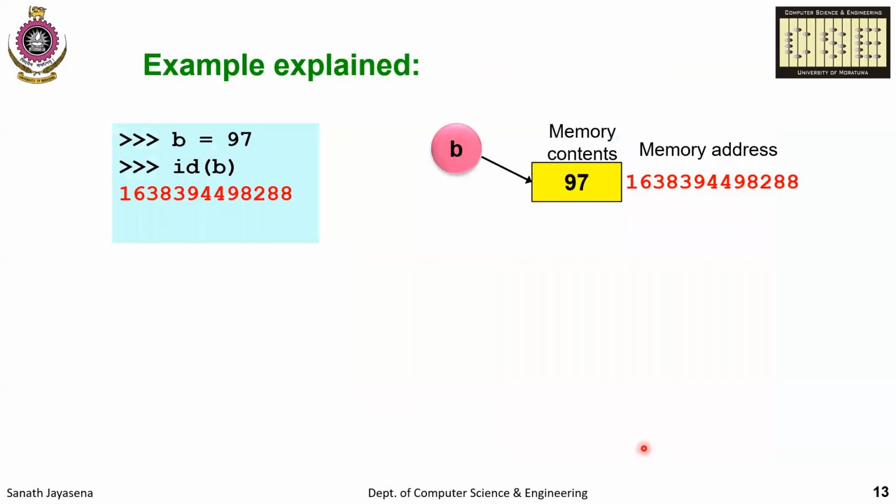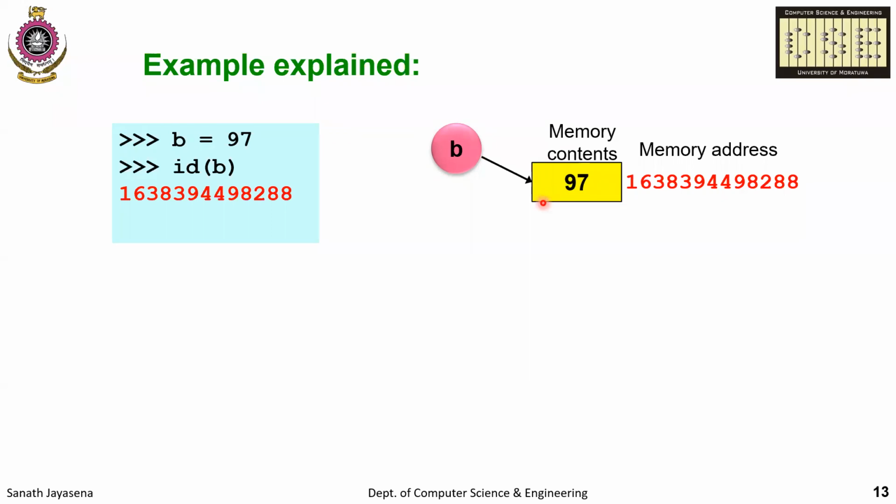So let's try to explain it a little bit further using some diagram representation. When you say B equals 97 and ID being this value, what does this mean? You can visualize this. We have a memory location here, the address being this one, and its value being 97. So that is basically an integer object in this memory location, the value being 97. Now B refers to that.